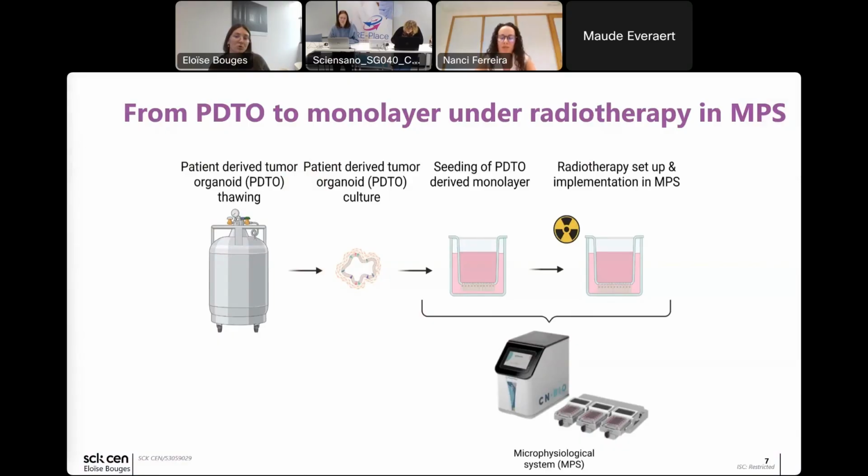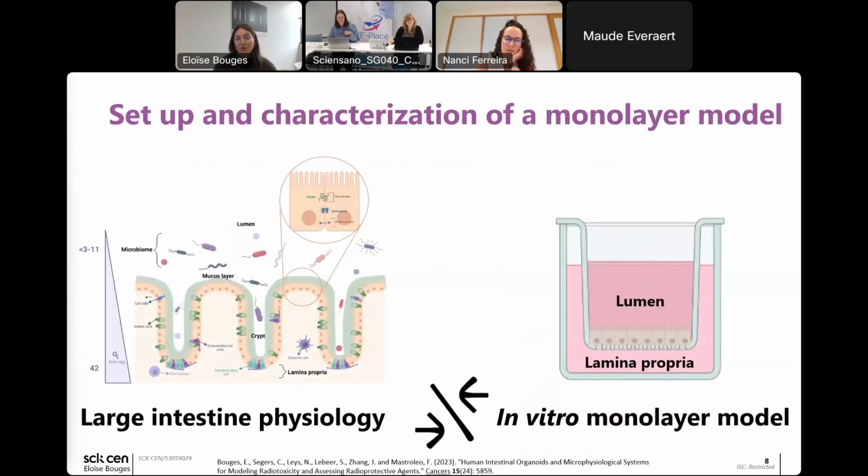We can also transfer those monolayers into a microphysiological system, which I will refer to as MPS for the rest of this presentation. The interest of using a monolayer model is to get as close as possible to the large intestine physiology, because here I'm working with rectal tumor organoids.